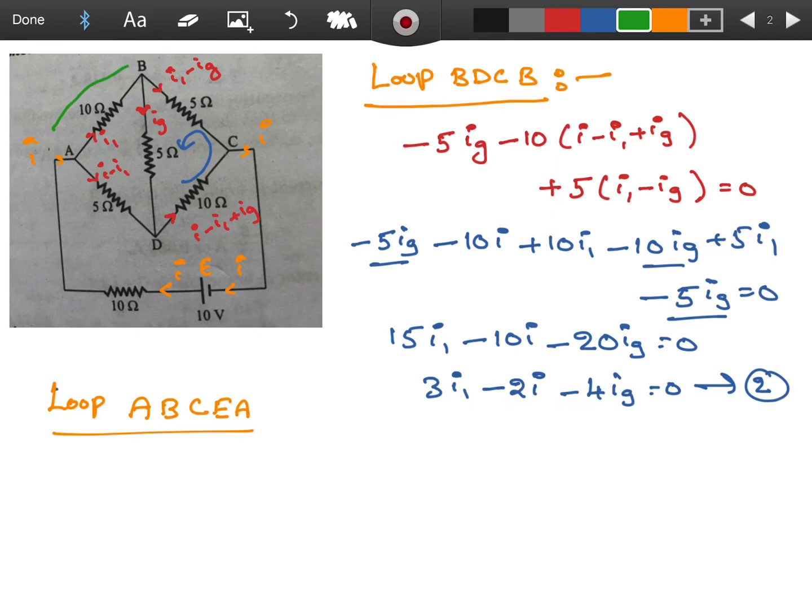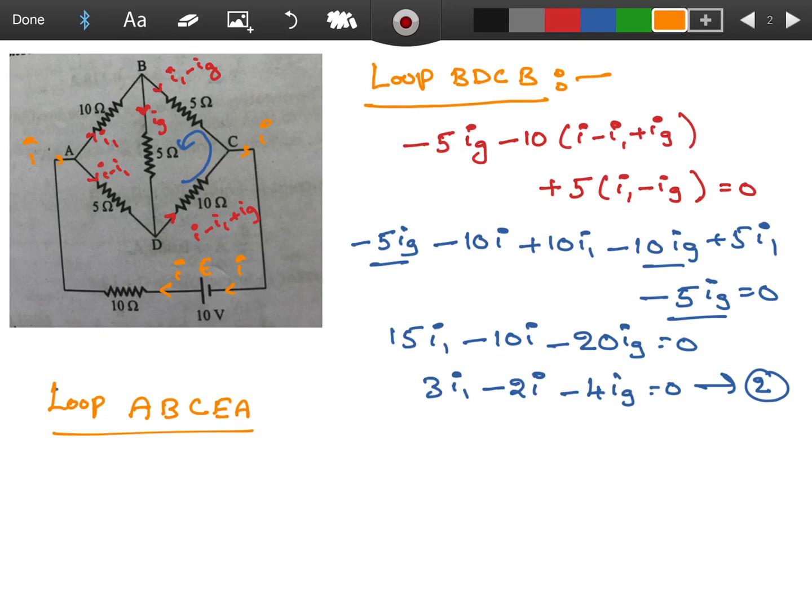A to B you are going like this, then B to C you are going like this, C to E, E to A like this. A to B, B to C, C to E, E to A, like this, right?